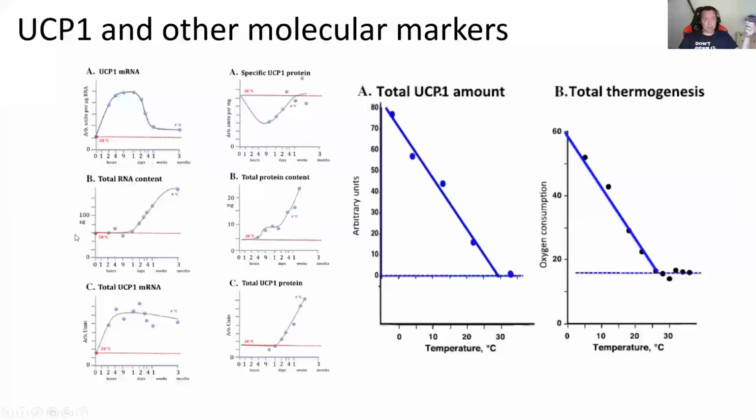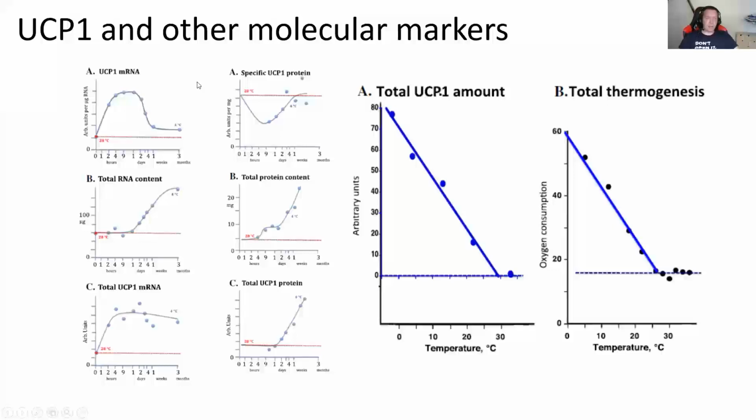So the total RNA content of the brown adipose tissue will increase over this time, and the total UCP1 mRNA within the whole brown fat of the organism will go up by about 2 to 3 hours and then remain constant. But the relative UCP1 expression is going to be a bit higher after 4-degree acclimation, but not much. The real peak is at around about 9 hours to 1 day.